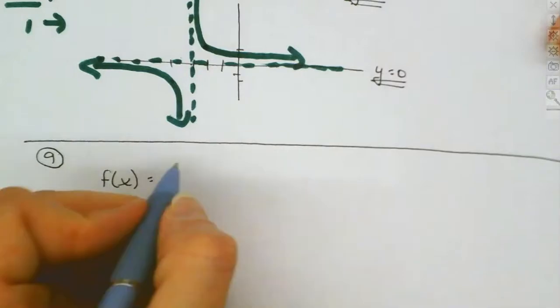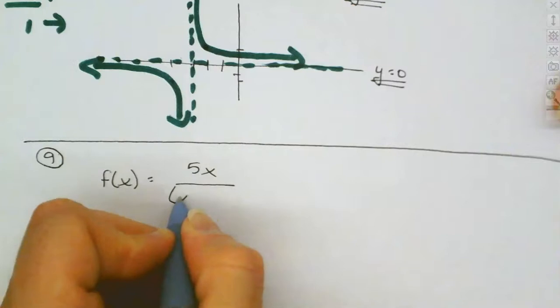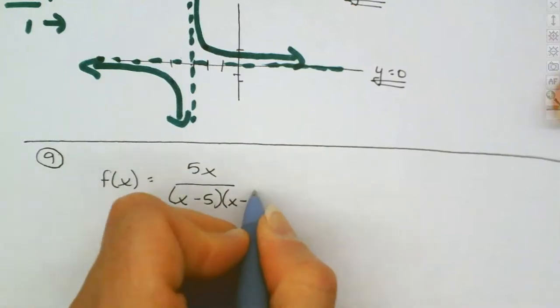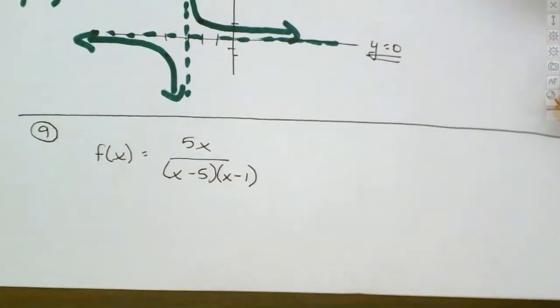These take a long time to graph by hand, and I think it's more important that we can identify the different components. Instead of actually graphing it all, we're going to identify the different components and use deductive reasoning to come up with the correct answer.